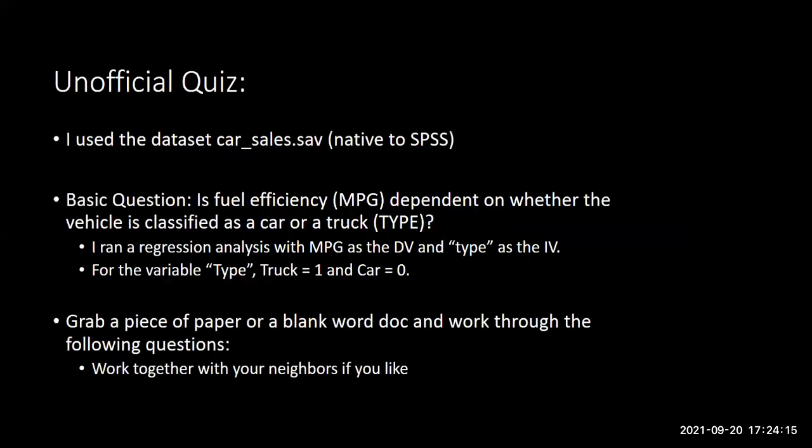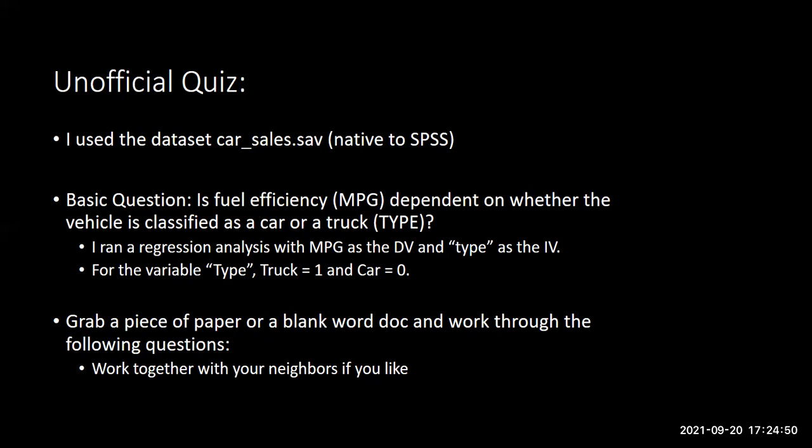So I ran a regression, or an ANOVA, it doesn't matter, with miles per gallon as the outcome, or dependent variable, and with type as the independent variable, or the predictor. The variable type is truck or not a truck. So truck is 1 and car is 0.